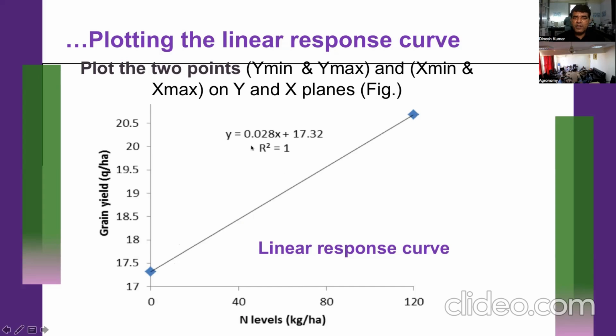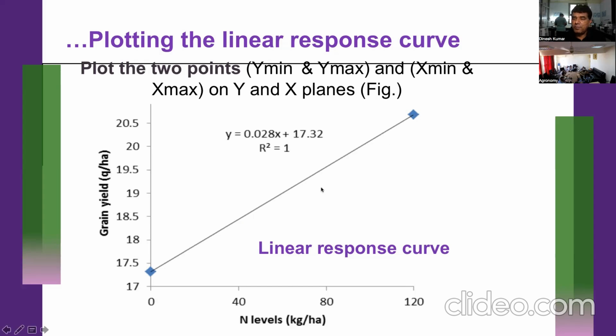So here you can see one interesting fact, that r square is equal to 1. If you take the square root of this, it will be the correlation coefficient. So here the correlation coefficient is also 1, and the coefficient of determination is also 1. Therefore you can see the line is touching both the points.